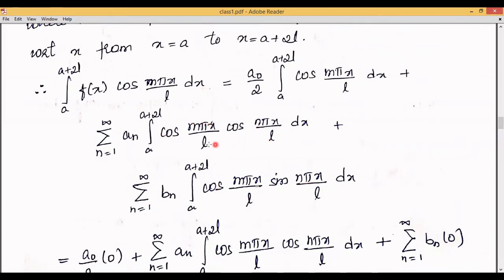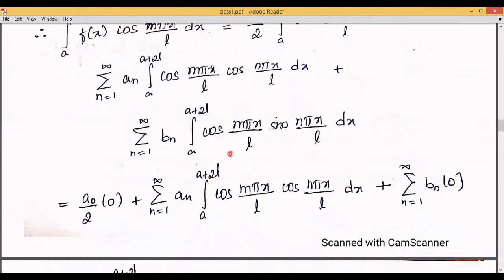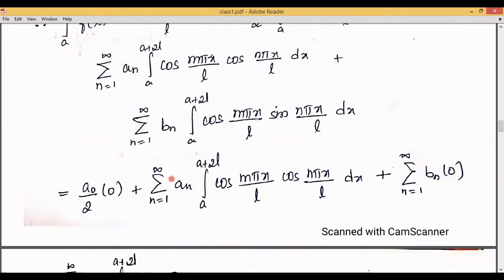Actually, this also will vanish when m is not equal to n. When n is equal to m, that becomes the integral of cos²(mπx/L) dx, and that integral value is equal to L. So here you can see, the first term and last term have vanished, and you are left with this an term.